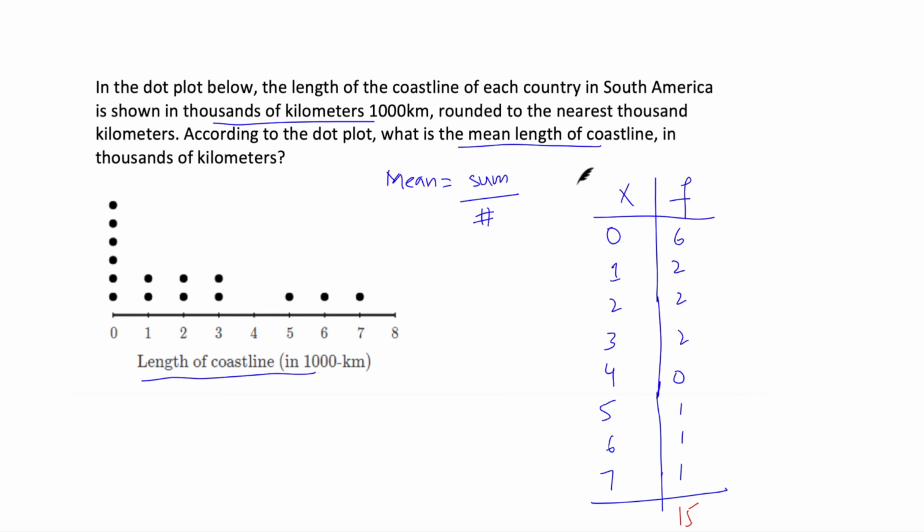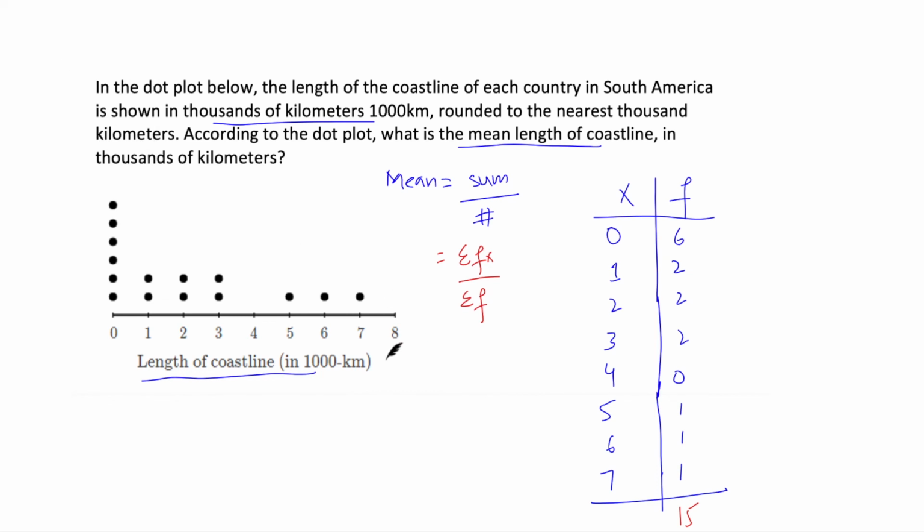Now in this scenario, whenever you have a table, what's the formula? The formula is summation fx over summation f. You know what to do. Multiply these numbers so we get the sum and then divide by the total frequency, that is 15.